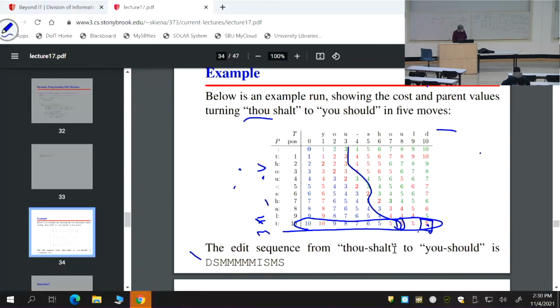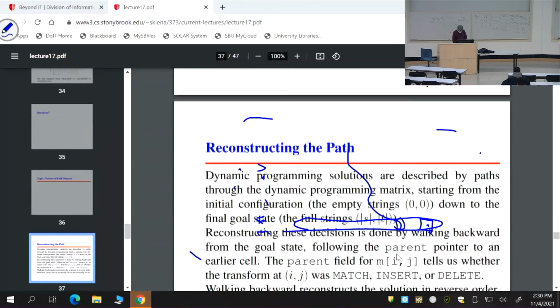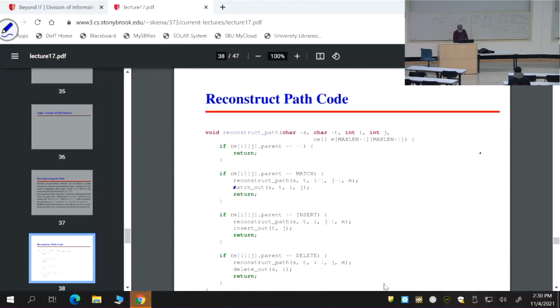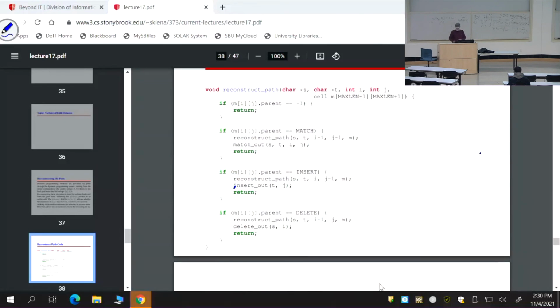Anything else? Okay, so where are we now? Again, how do you write the program to walk back through the dynamic programming matrix? Okay. This should be something that's sort of like reconstructing the path when we were doing shortest path. Once I have my full dynamic programming matrix with the parent relation, how do I find out what was the sequence of changes that gave me the right thing?